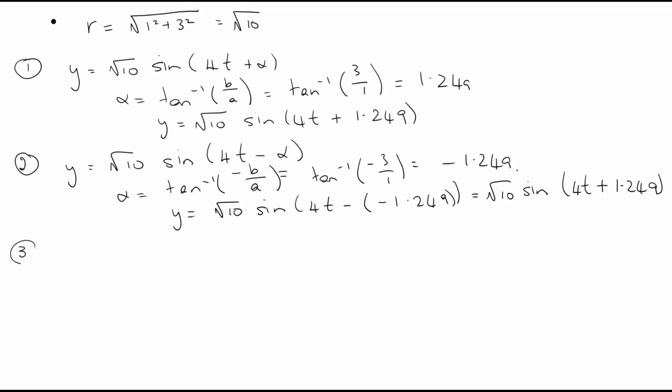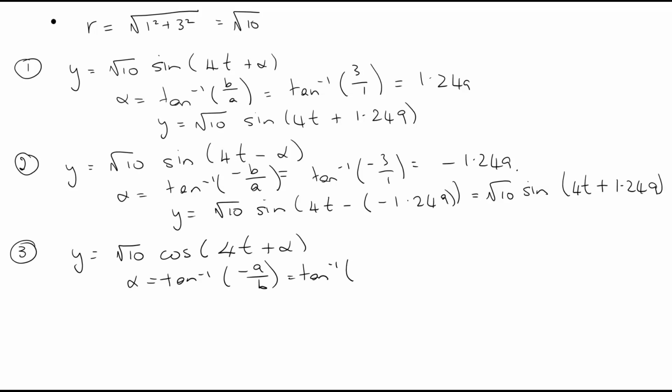Number 3. The third way is to write it as root 10 cos 4t plus alpha, and in this case alpha is equal to tan inverse of negative a over b, which is tan inverse of negative 1 over 3, and using a calculator you get that that's negative 0.322, which in actual fact is the same as 2 pi minus that, which is 5.961.